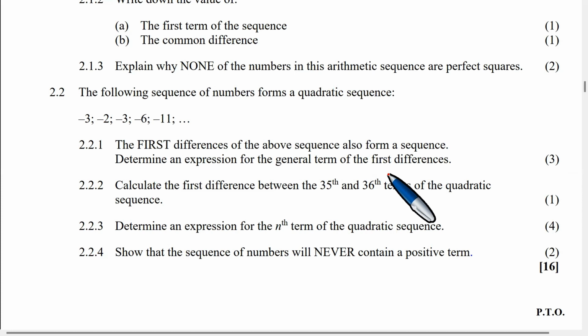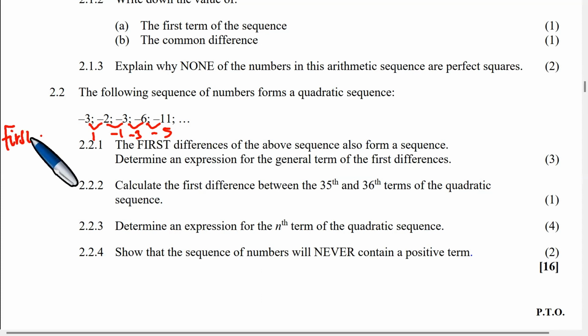What are the first differences? To get the first differences, you can just subtract. This minus that: 1. This minus that: minus 1. This minus that: minus 3. This minus that: minus 5. These are the first differences.